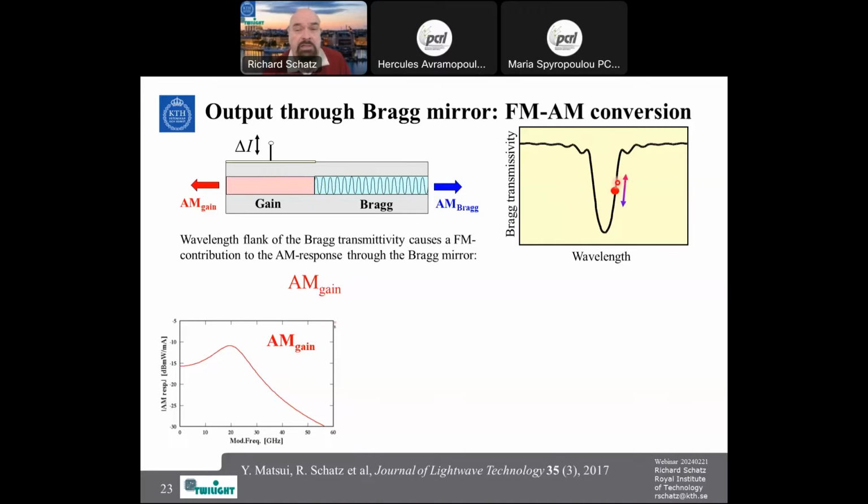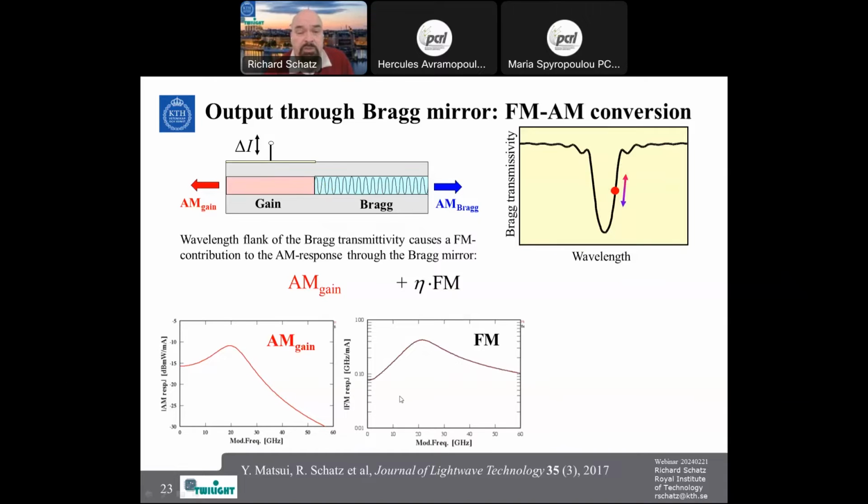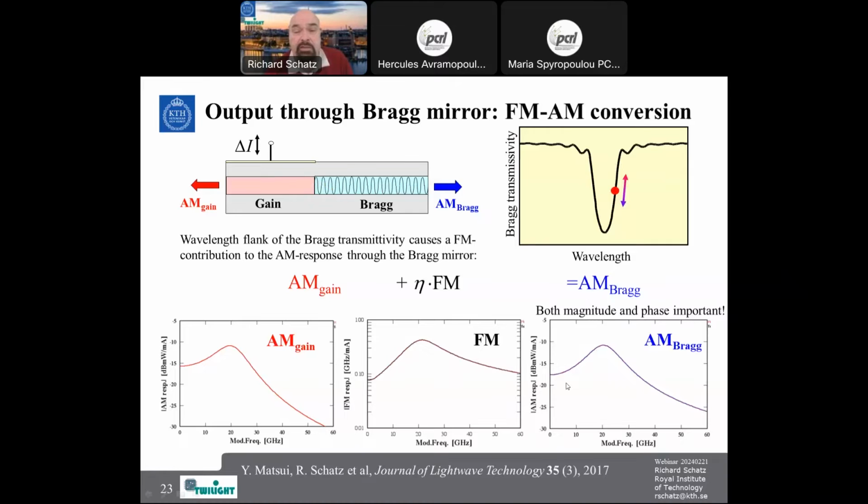So when it blue shifts, the intensity will reduce, and when it red shifts, it will increase. And the FM response of a laser has larger bandwidth than the AM response. If you add a little FM response to the AM response by this FM to AM conversion, you get an effectively larger modulation bandwidth.